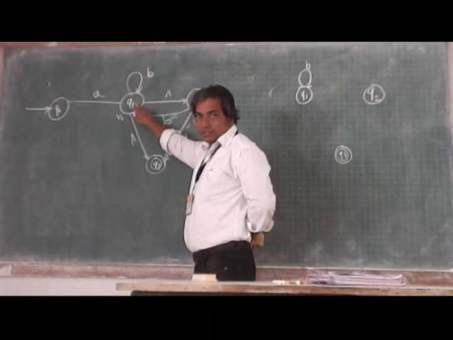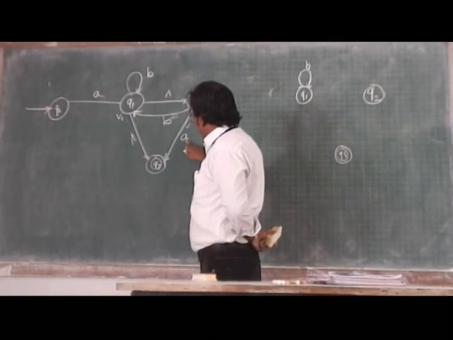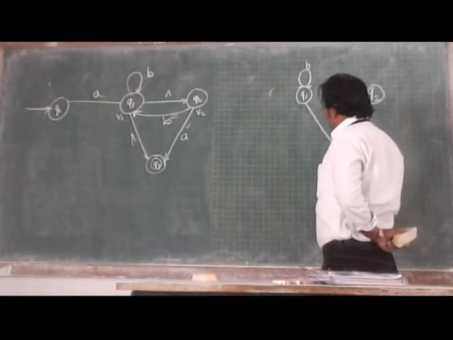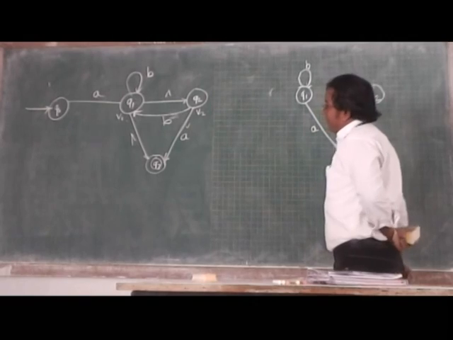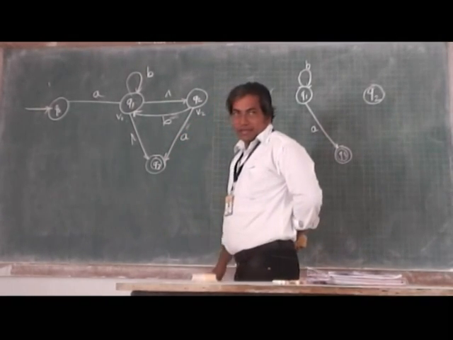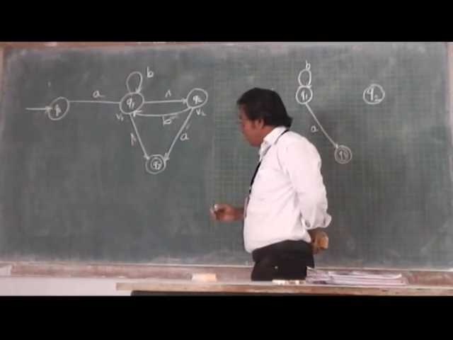So how does it come? Q1 to Q3. What is the label? A. So I should draw the transition like this from Q1 to Q3. The label is A. The second outgoing transition is also worked out. Okay? So your job is done.